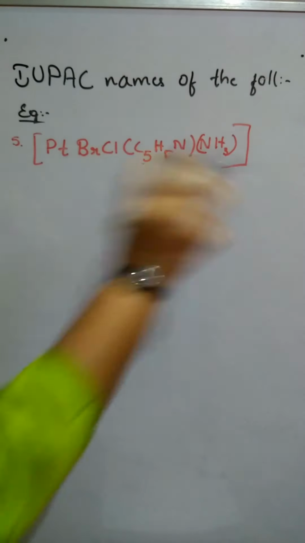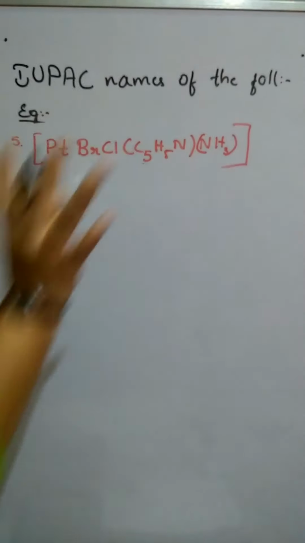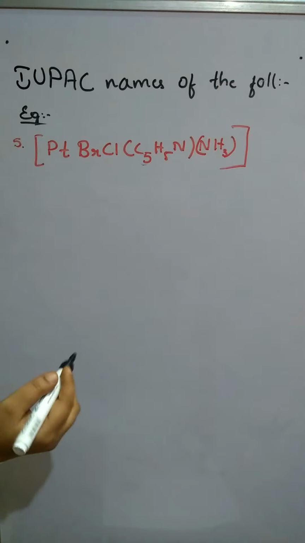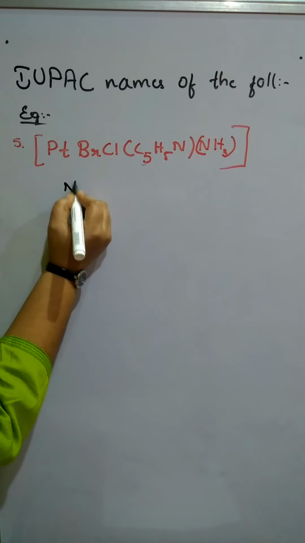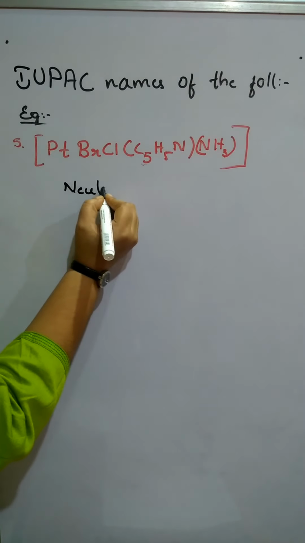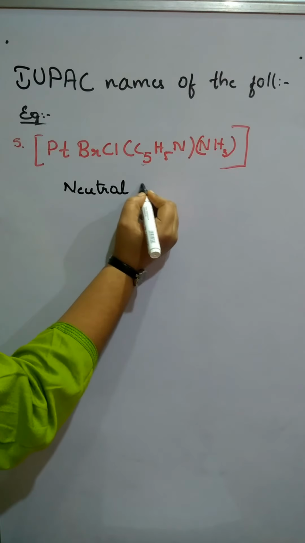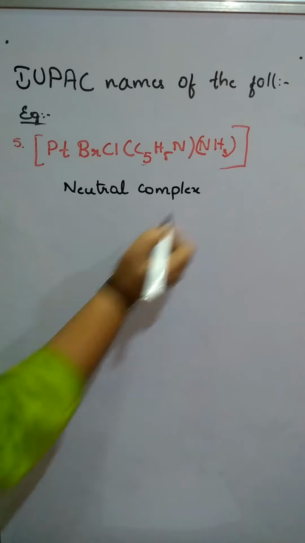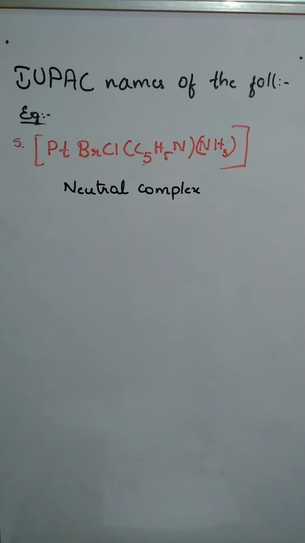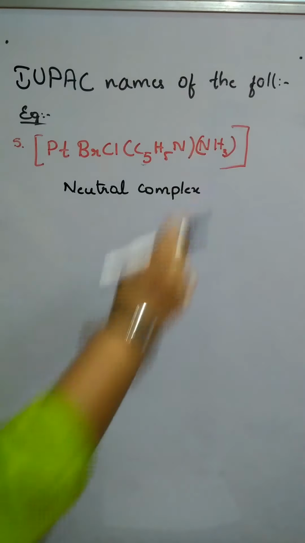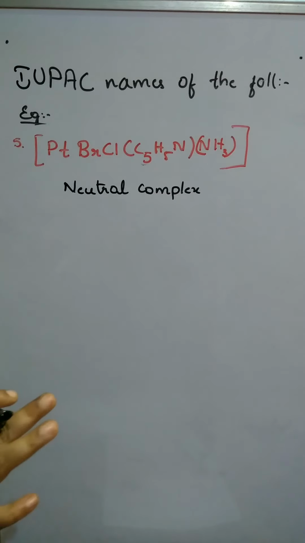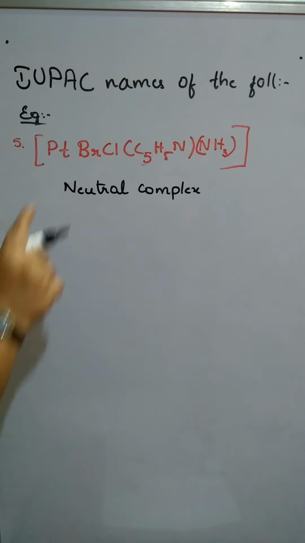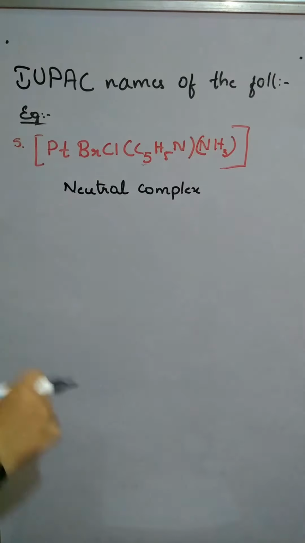If counter ions are not there and charge is also not there, then the complex is a neutral complex. Counter ions are there means it is a charged complex. If counter ions are not there and the charge on the complex is also not there, then it is understood that it is a neutral complex.